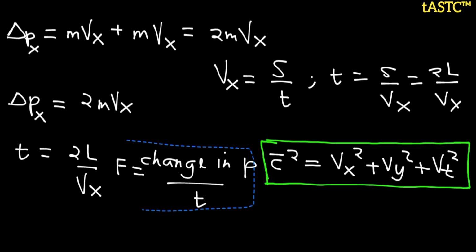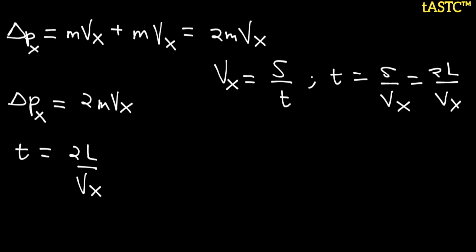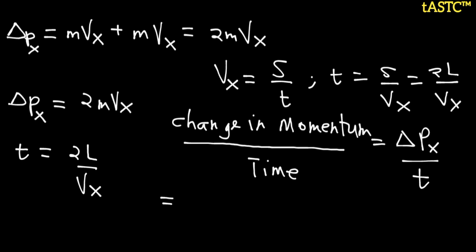So I'm going to wipe these out. Hopefully you can recall, we have the change in momentum, and that should be taken with respect to unit time. We know that is going to be dpx divided by t. So we know dpx is equal to 2mvx, divided by 2L divided by v sub x.